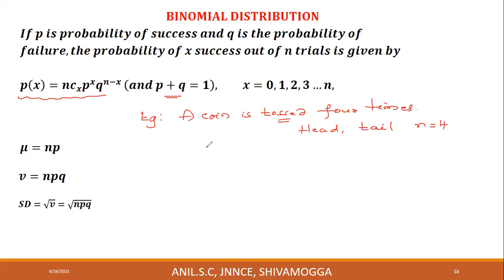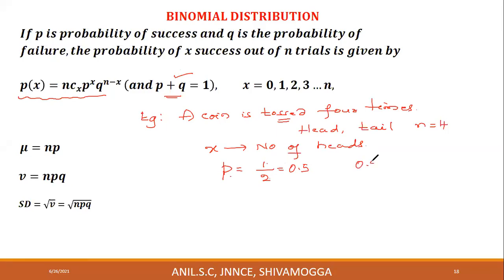I define X as the number of heads. Now, probability of getting head. When you toss a coin, there are two possibilities. One is head and one is tail. Head is among one of these two possibilities. Therefore, probability of getting head is 1 by 2, which means 0.5. And we know that P plus Q is always equal to 1.